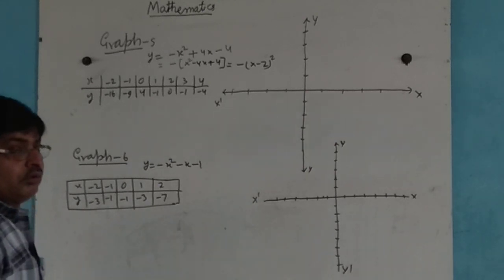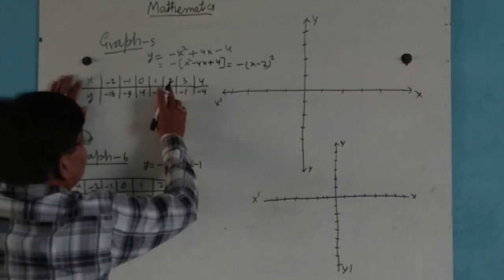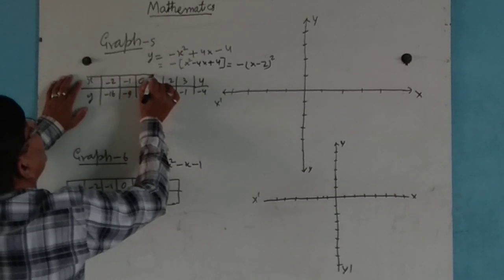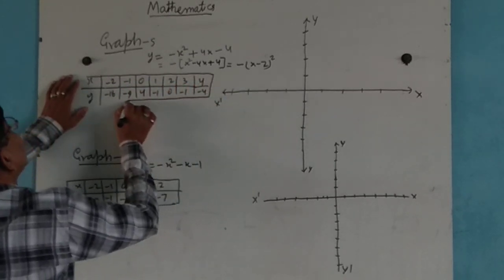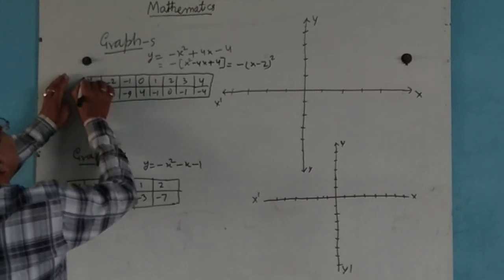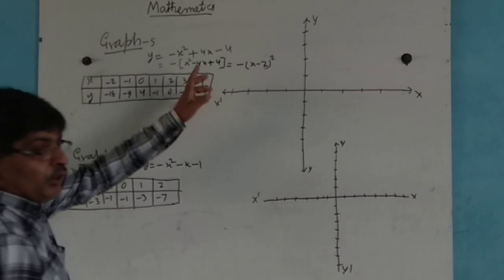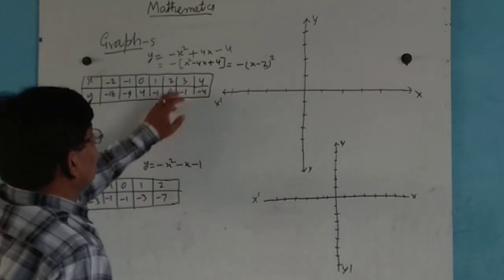Now we have to follow a similar process. For plotting this, we take values of x and get the corresponding value of y by putting 1, 2, 3, 4, -1, -2, and also 0.